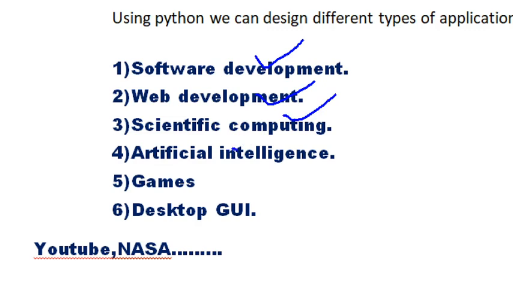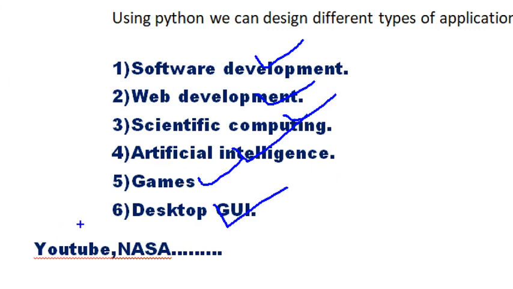In artificial intelligence also, we are using Python. And the fifth one is games. Whatever popular games are there today, for designing those games also, they are using the Python programming language. And the next one is desktop applications also, they are using Python.